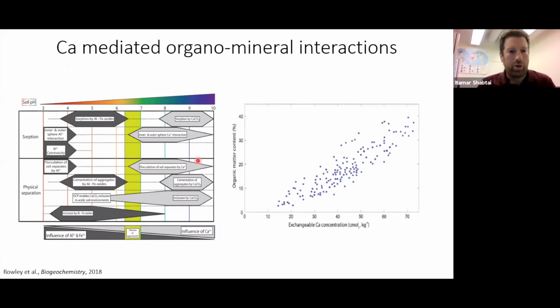Here, in a Biogeochemistry review from 2018 by Mike Rowley, it was shown that as soil pH increases, the relative importance of aluminum and iron phases in storing and stabilizing carbon decreases, whereas that of calcium increases. And this is just because of how soil chemistry transitions across pHs.